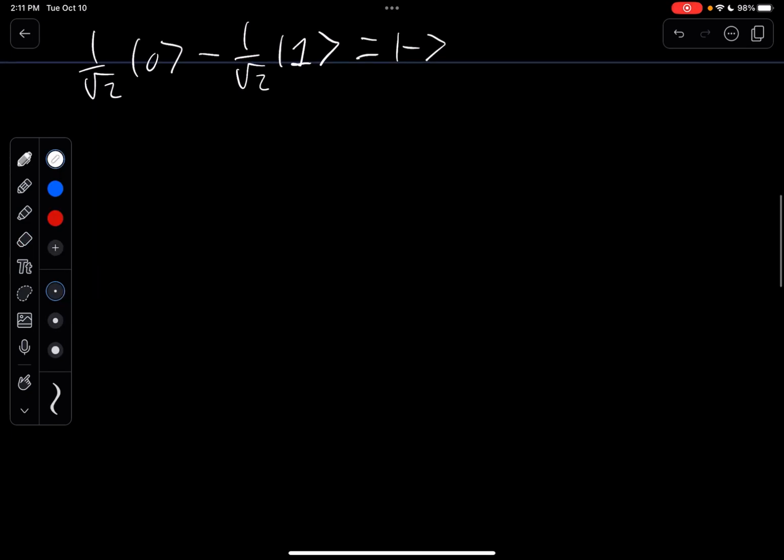Okay, so those were some examples of states. Let's now also perform measurements. Let's say we have the 0 state. Right, this is the 0 state, and we're going to perform a measurement where we're going to check, are you in 1?